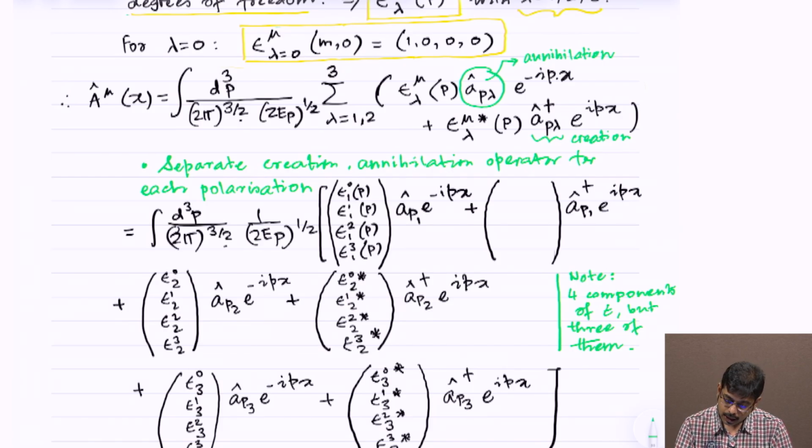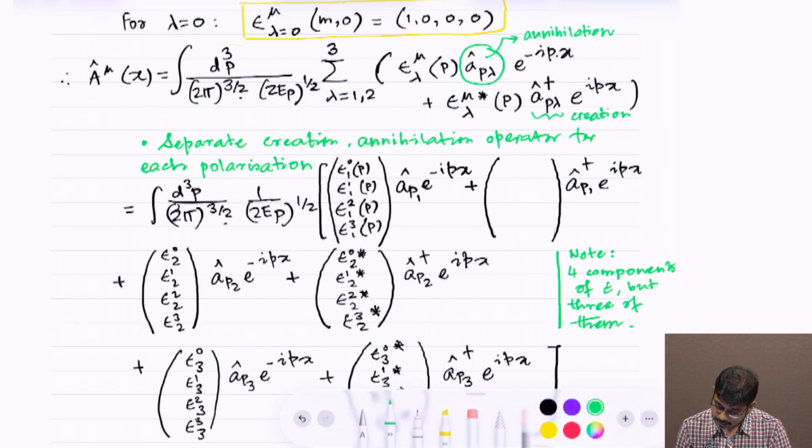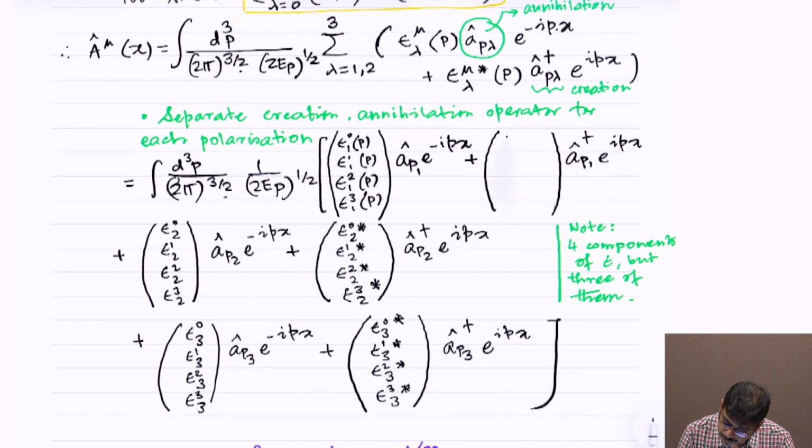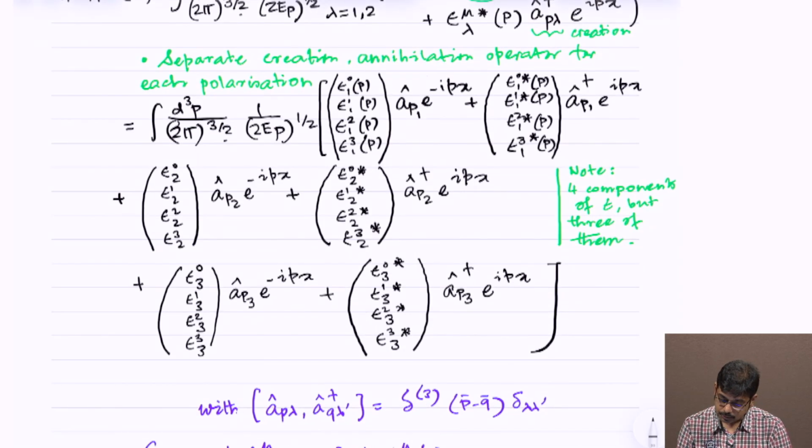So, for lambda equal to 1, you have epsilon^0_1, epsilon^1_1, epsilon^2_1, epsilon^3_1, times a_{p,1} into e to the power minus i p·x, and then you also have the other term, epsilon^{0*}_1(p), epsilon^{1*}_1(p), epsilon^{2*}_1(p), epsilon^{3*}_1(p), associated with a†_{p,1} e to the power i p·x, and similarly for lambda equal to 2 and lambda equal to 3, which will give you all these terms.